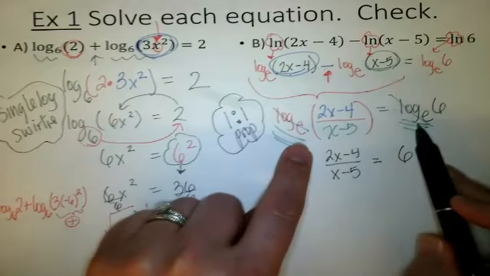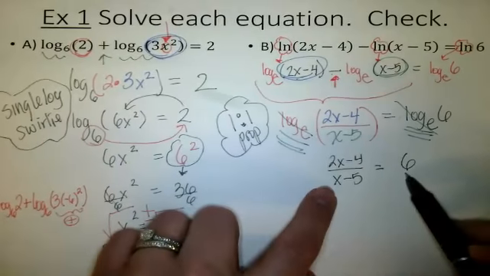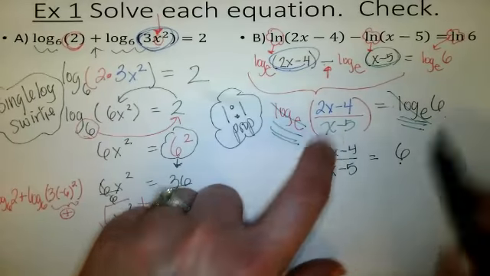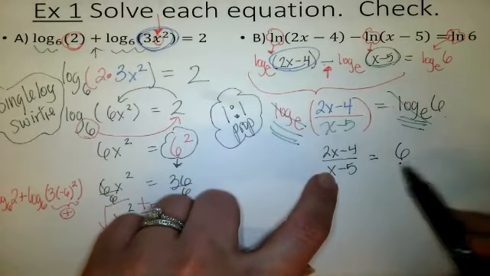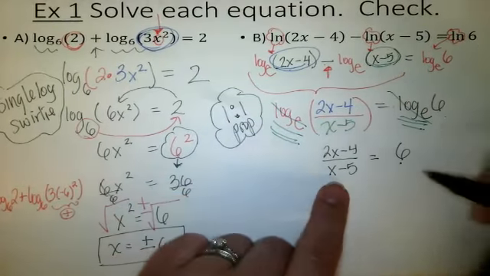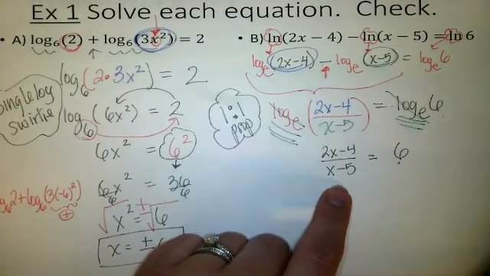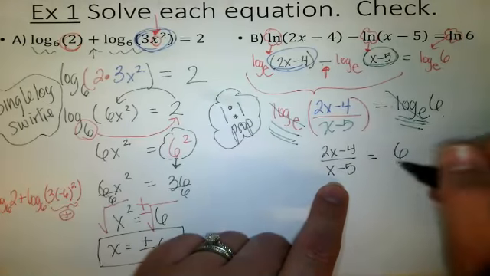Yeah, if the logs match, then the arguments should also match. And so we can essentially just look at setting those arguments equal to one another. I like this one. How do we deal with this weirdness here? What if I do 6 over 1?